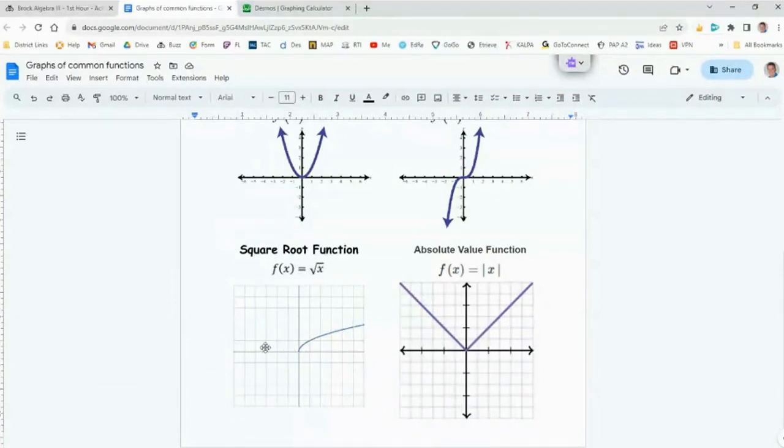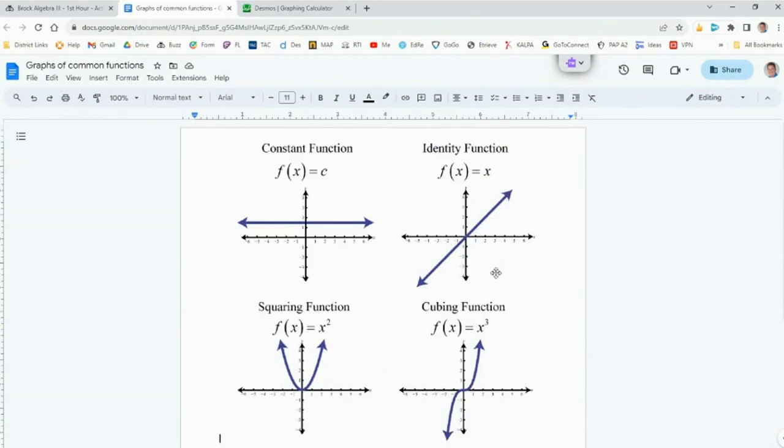That's why it doesn't exist over here in the x's, and that's why there's no y's down there, because if we take the square root of something, we'll never get a negative number, so it doesn't reflect down here, and it doesn't exist where x equals negative numbers either. And then absolute value, that looks like a v. So those are the 6 primary functions that we use in algebra.